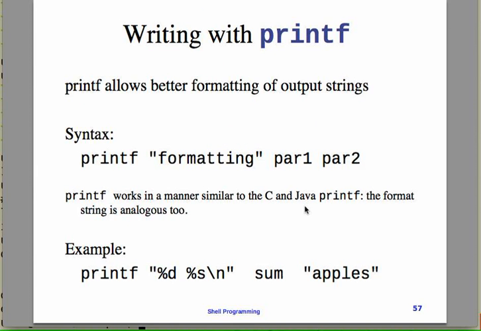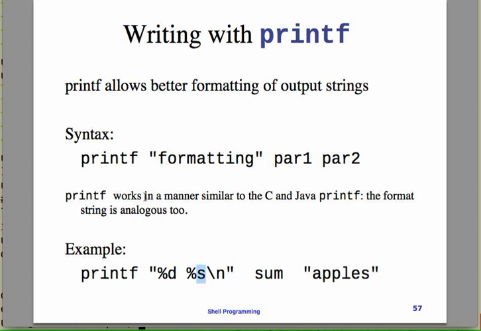In addition to echo, we can also use printf, which allows better formatting of output strings. If you've used printf in C or Java, it's the same basic idea. There are some slight differences. You don't have to use the parentheses, you can just say printf, and then the format string, and then this means that you'll print out sum as a number, and apples, that's the string apples, is going to be printed out as a string.